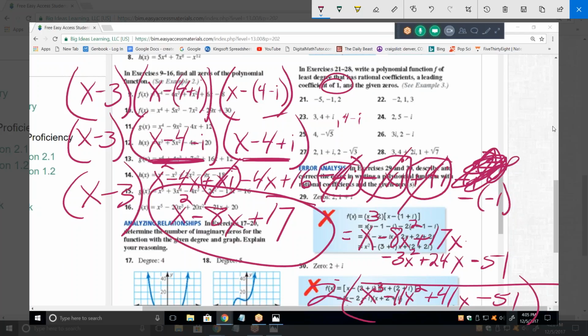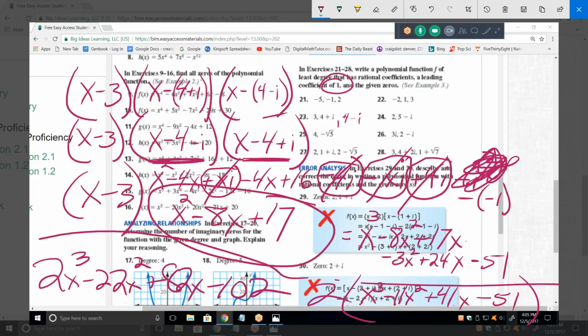So your answer would be 2x cubed minus 22x squared plus 82x minus 102. That would have the same zeros as our function. It would have exactly the same zeros. But it's a different function. It's not the same function. Just has the same zeros.